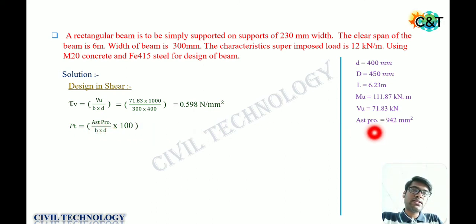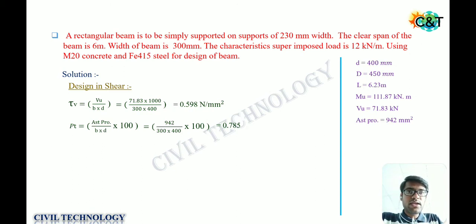We provided 3 bars of 20 mm dia, so the reinforcement is 942 mm². We use that for our percentage of steel calculation, and based upon that the percentage of steel is 0.785. Using this value we have to calculate the tau c value.